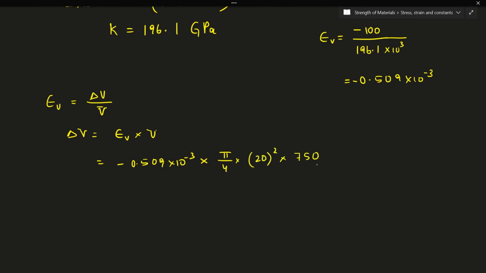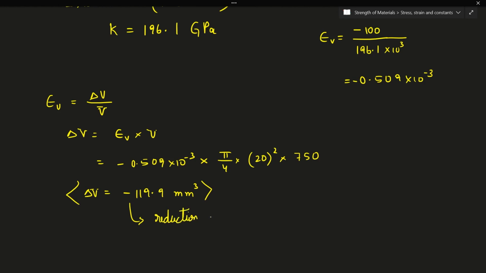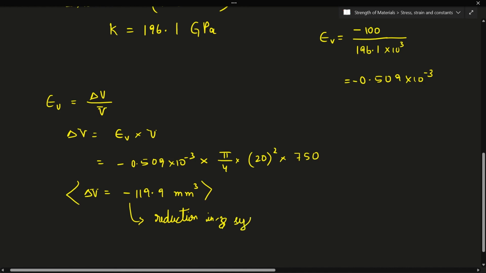Length is 750. If I simplify this, delta V will be equal to minus 119.9 mm cube. The minus represents that the size of the cylinder will be reduced, so this represents the reduction in volume.